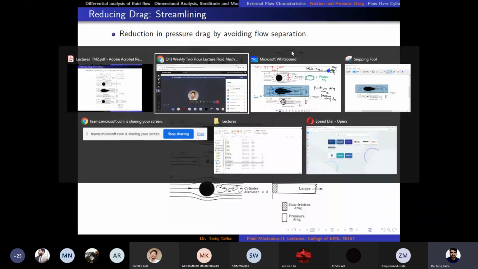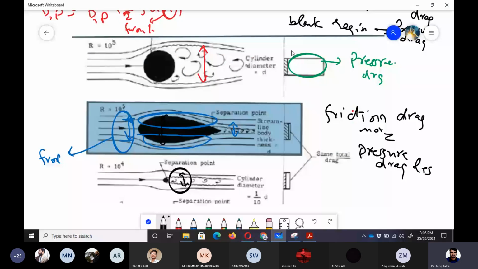Because if I write the formula for the drag force here, that was CD into half rho U square into area, right? So area is kind of same. If you see the figures, the frontal area here is the same as the diameter of this. Rho would be the same.